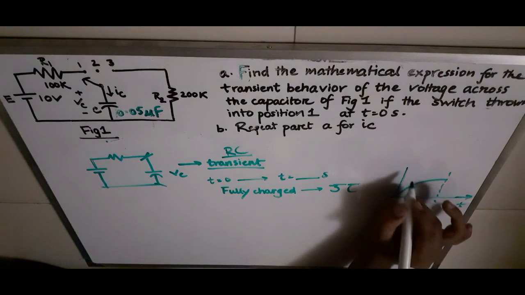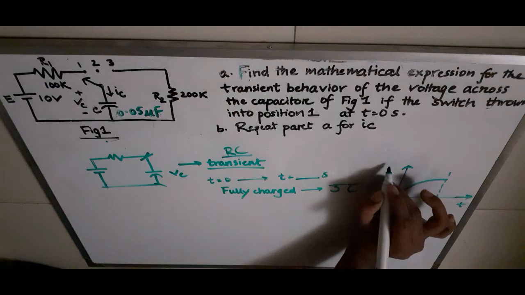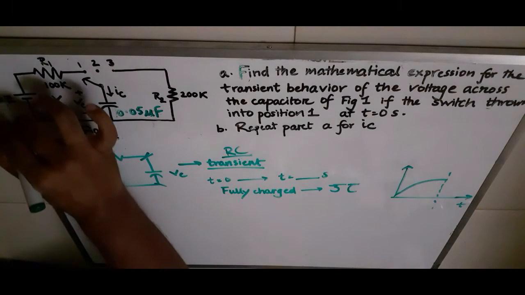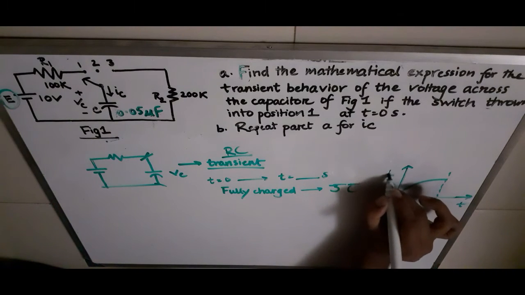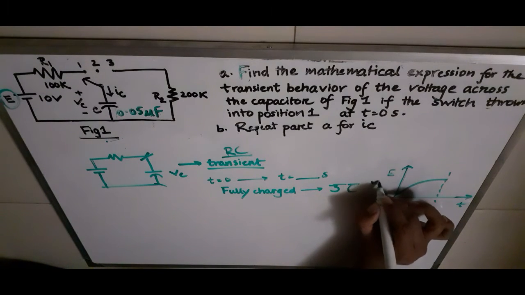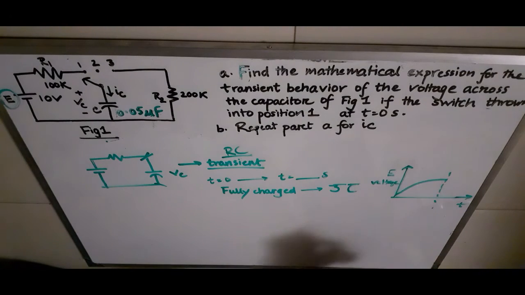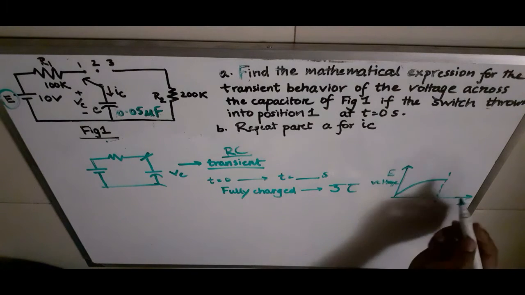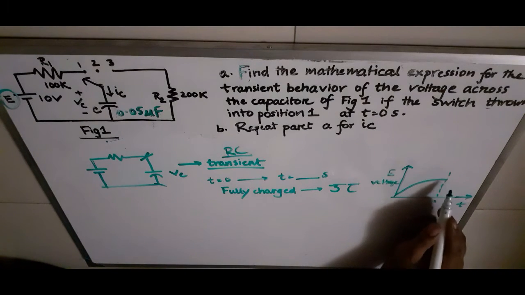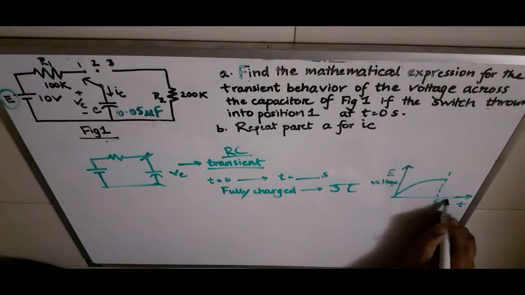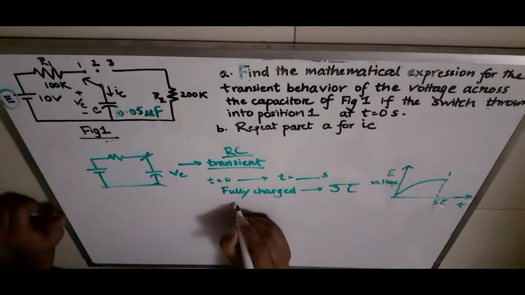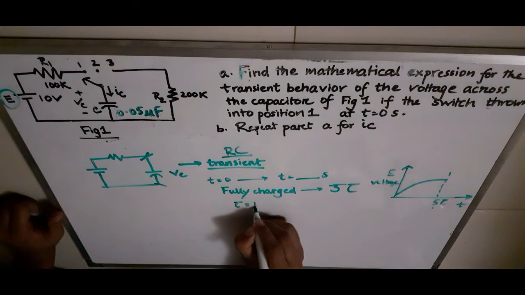And in the y-axis we have this voltage, as we have denoted this one with E, you can say E, or you can also write voltage, whatever you want to write. Okay, and as you can see in the graph itself, the voltage gets to the maximum point after 5 time constants or after 5 tau. So this thing you need to remember, 5 tau, and tau is nothing but RC.